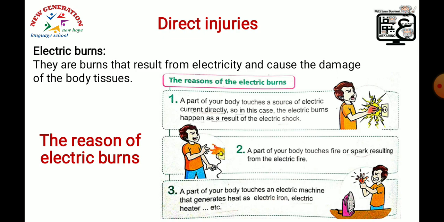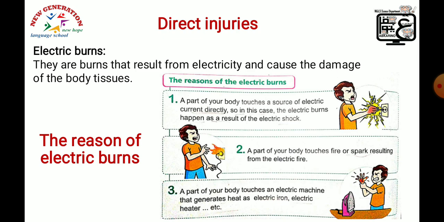So, in this case, the electric burn happens as a result of the electric shock. Number two, a part of your body touches fire or spark resulting from the electric fire. Number three, a part of your body touches an electric machine that generates heat as electric iron, electric heater.